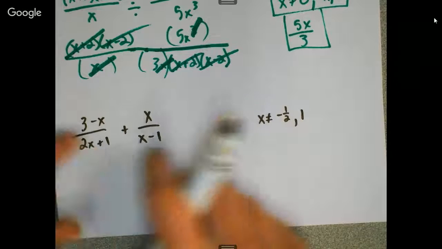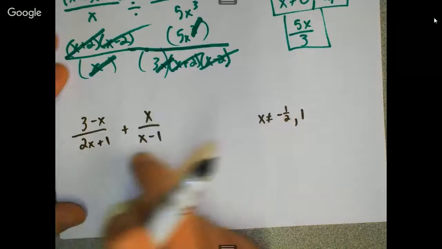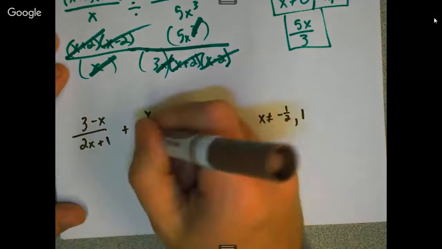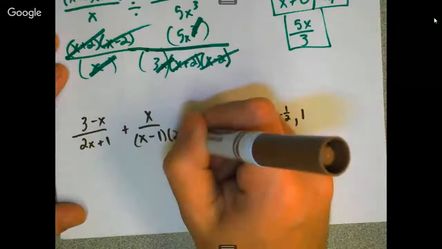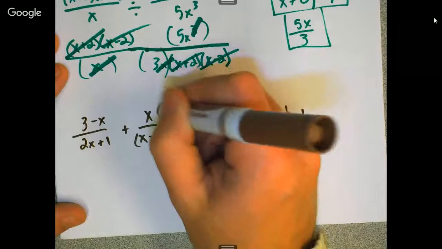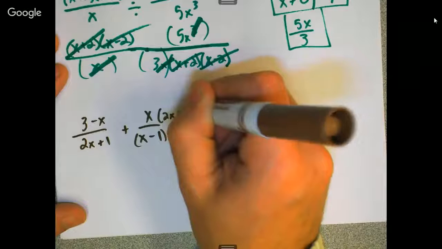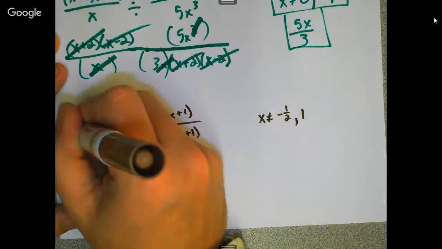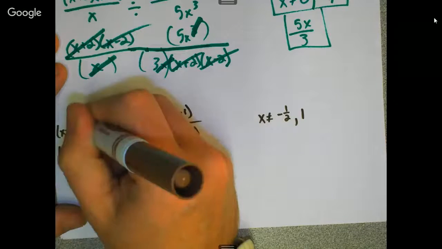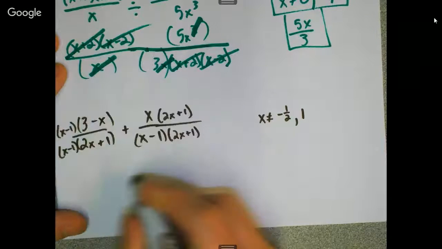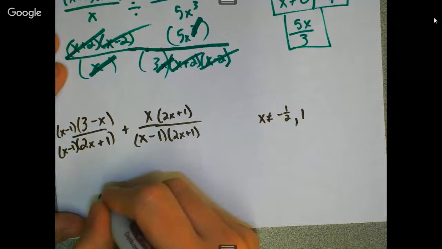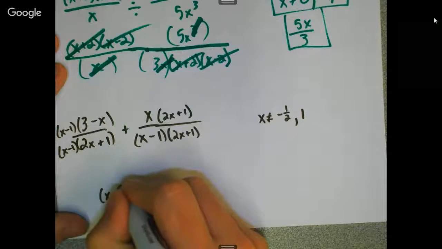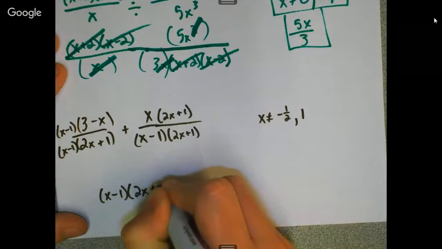Now, I got to get a common denominator, and the easiest way to do that is multiply them by each other. So this one needs 2x plus 1, and this one needs x minus 1. Okay, so leave the bottom alone. So we'll say x minus 1, 2x plus 1.